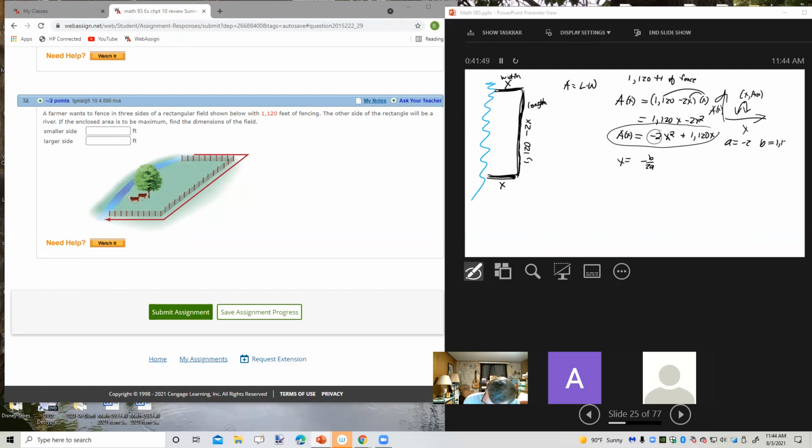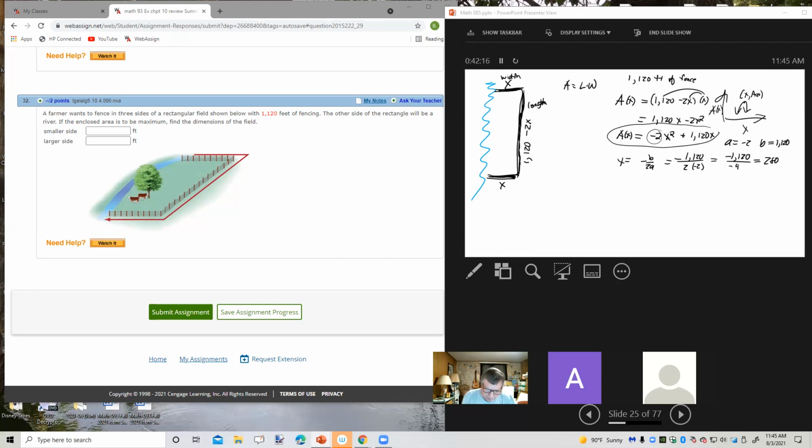B is 1,120. Okay. So this is going to be negative 1,120 over 2 times negative 2, which is negative 1,120 over negative 4. Negative divided by negative is positive, and 1,120 divided by 4 is 280.